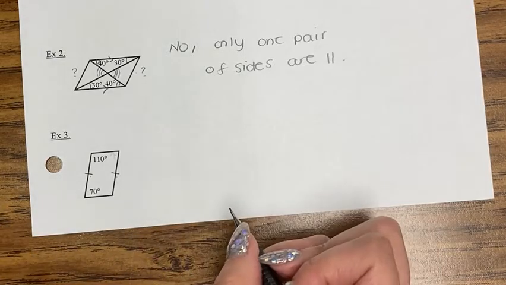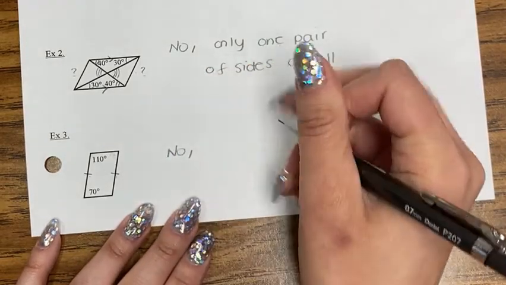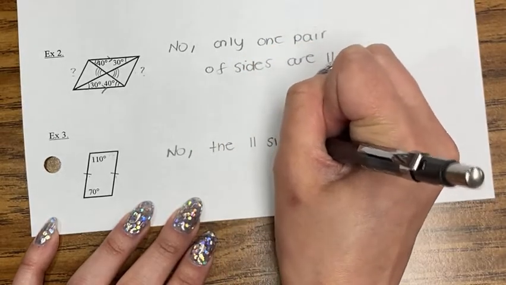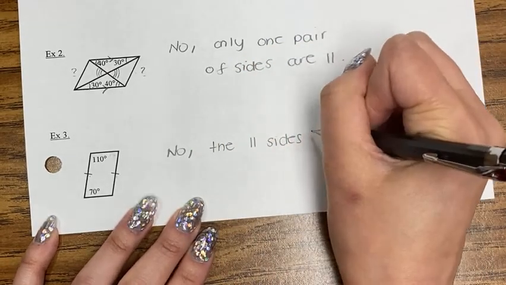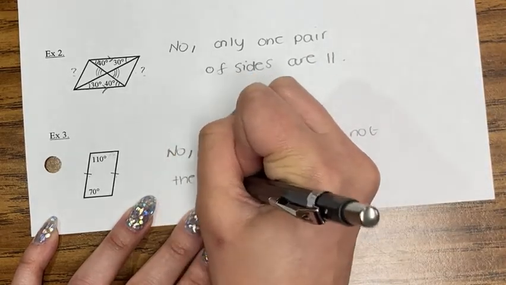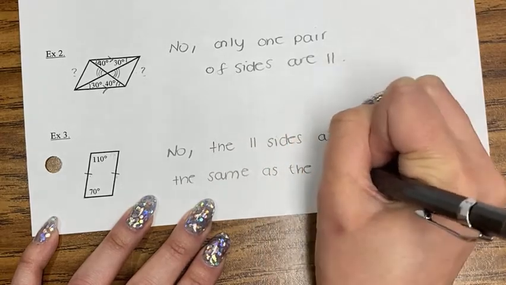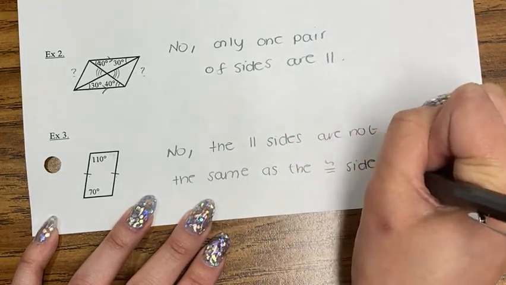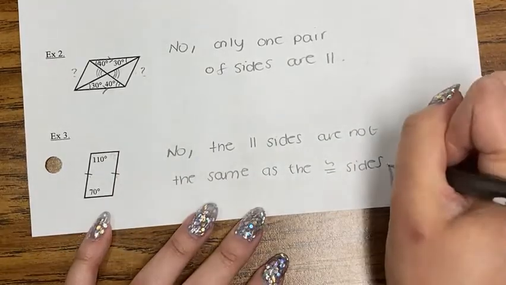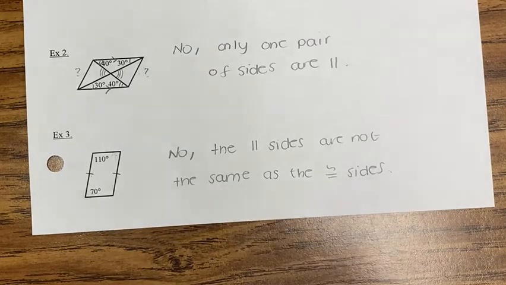So again, there's not enough information, and this is going to be no. So what we know is that the parallel sides are not the same as the congruent sides. That's the situation here, and that's why we cannot conclude. There's not enough information again, so this one, we cannot conclude that it's a parallelogram.